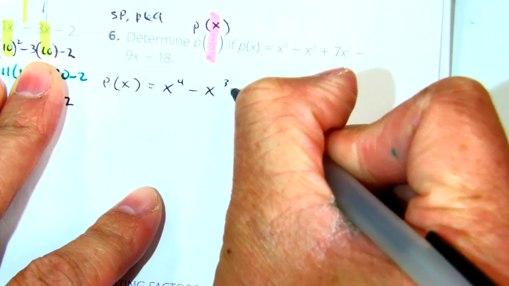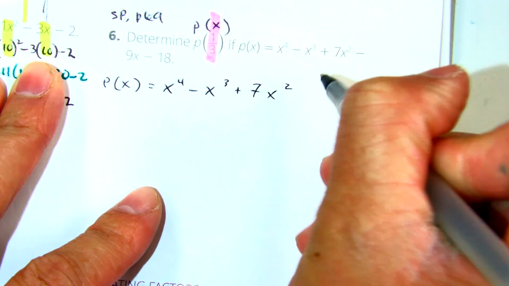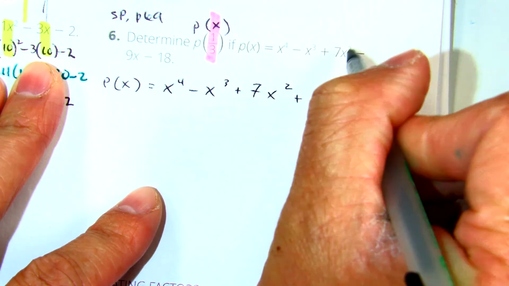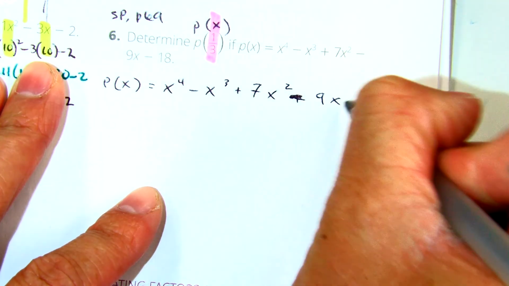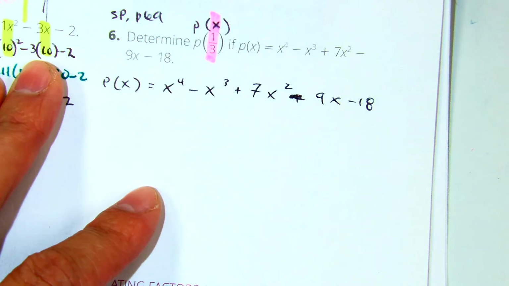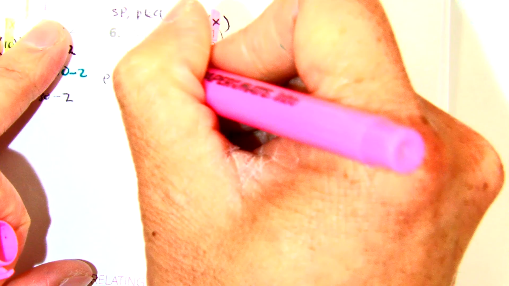I was encouraging you to use fractions. Minus 9x minus 18. And every x value we're going to put in as 1/3.